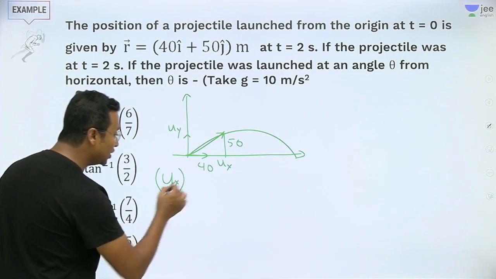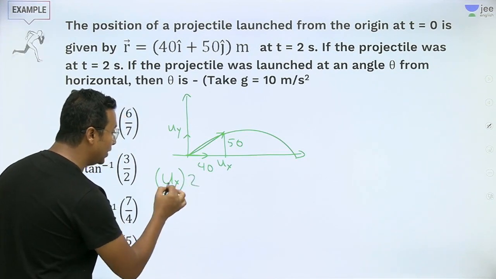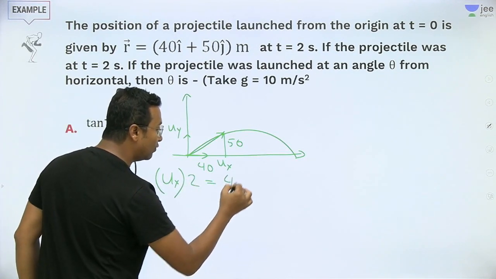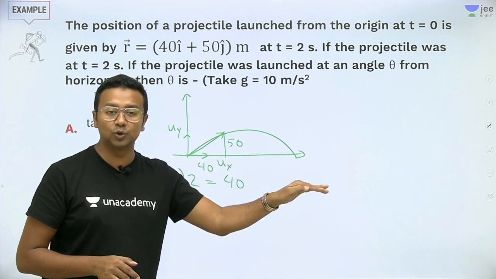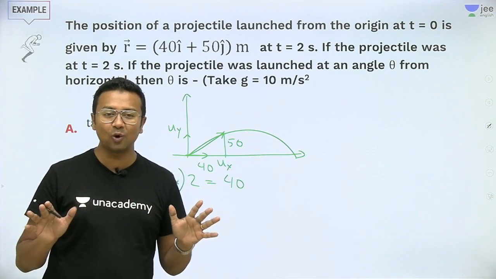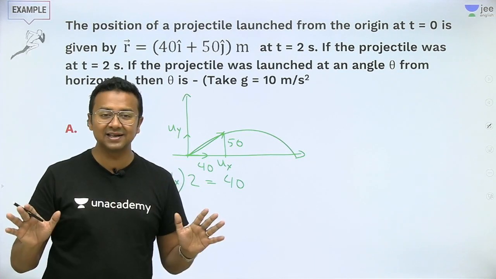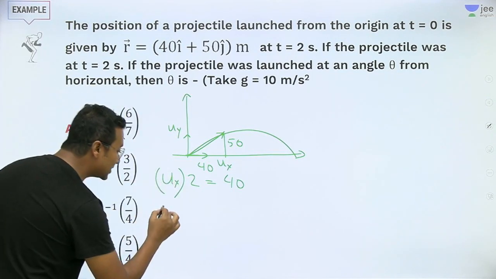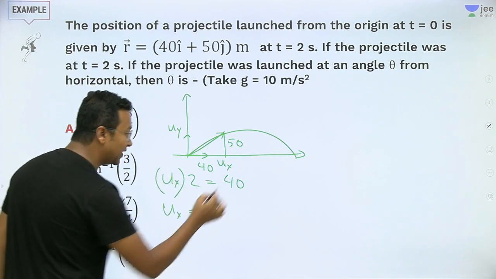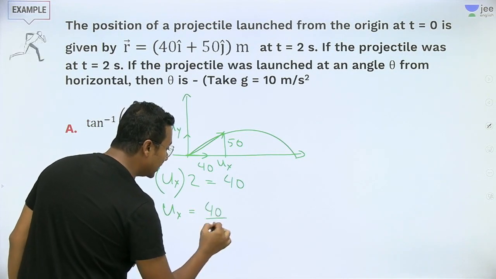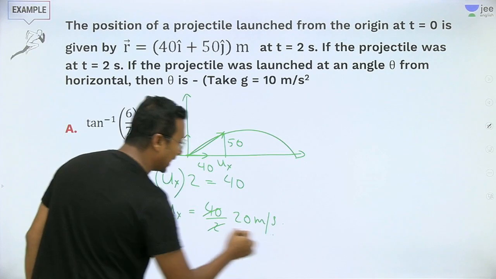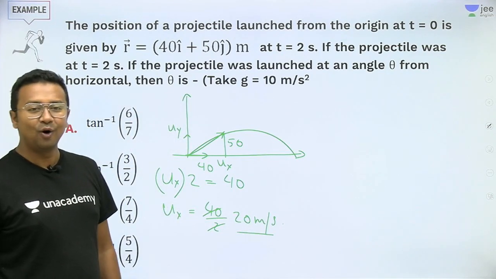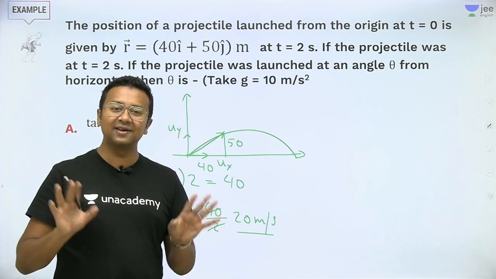So after 2 seconds, it must have traveled 2 into ux, and that is equal to 40, because along the x-axis it is a uniform motion. There is no acceleration at all. So ux value will be equal to 40 divided by 2, that will be equal to 20 meters per second. Clear enough?